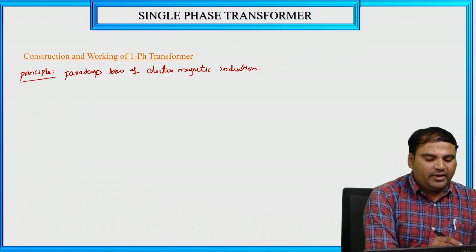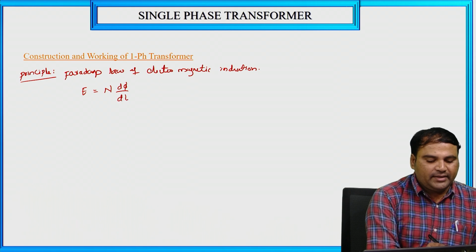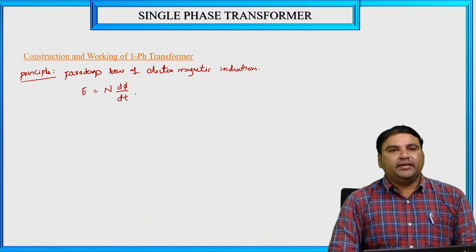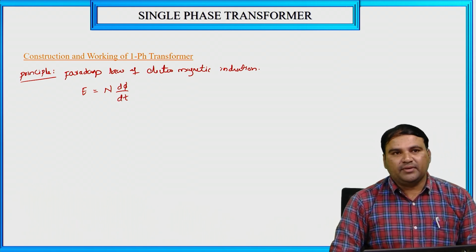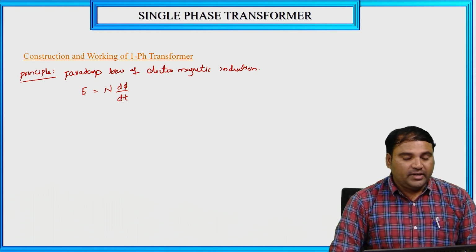According to Faraday's law, the EMF equation is E equal to N into d phi divided by dt. Okay, here is the principle of the transformer. It is a static device.